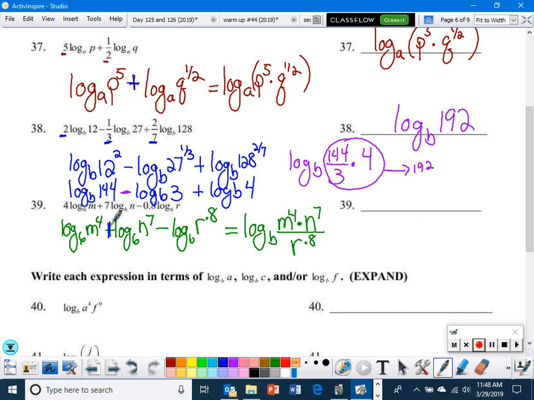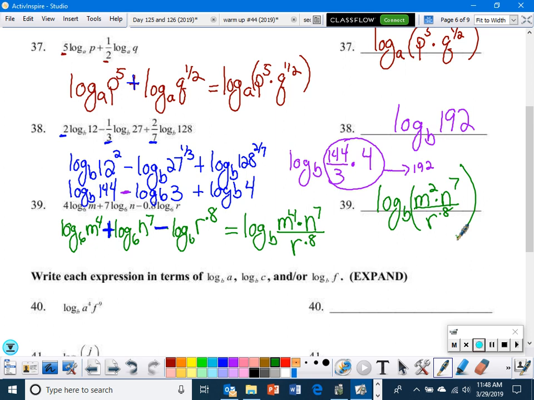Again, this is the product, this is the quotient. So our final answer, all right, so that's condensing them. Rewatch that if you need to.